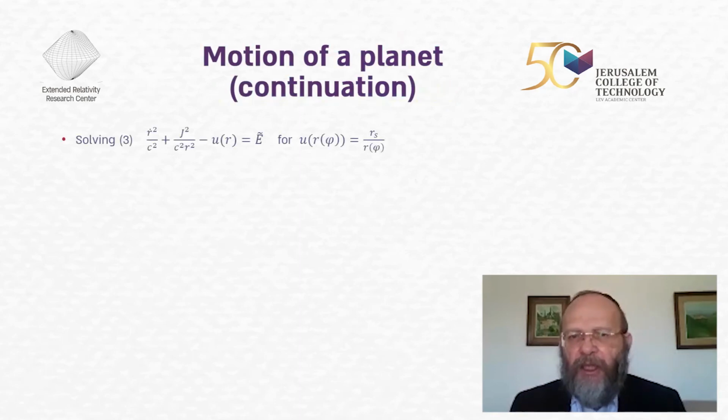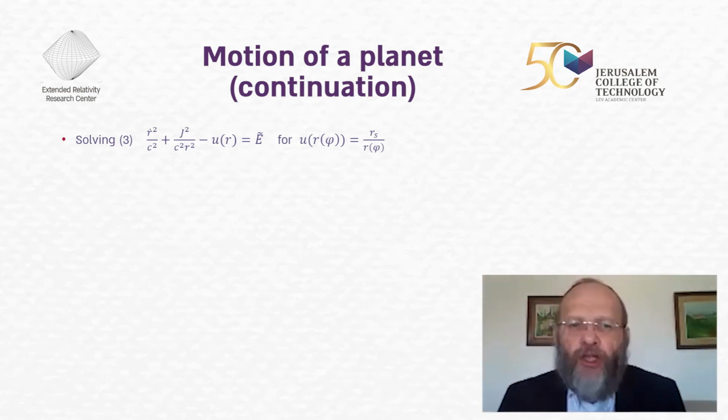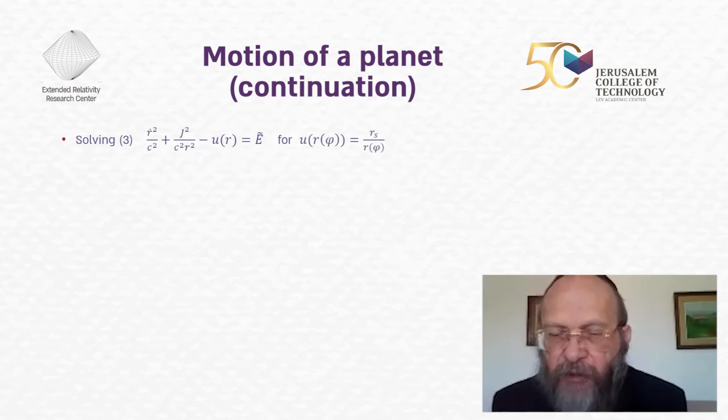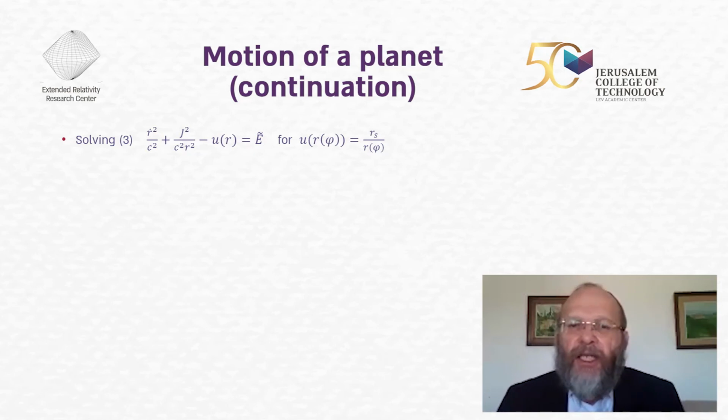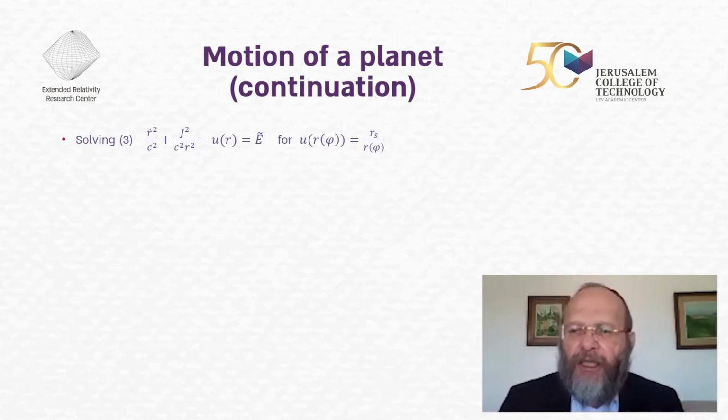I repeated it here. And the idea is to solve it not for r, but for u, for this dimensionless potential energy, which was rs over r. And also solve it not for the variable t, but for the angle phi. It means you want to define how the potential energy changes with the angle on the trajectory.